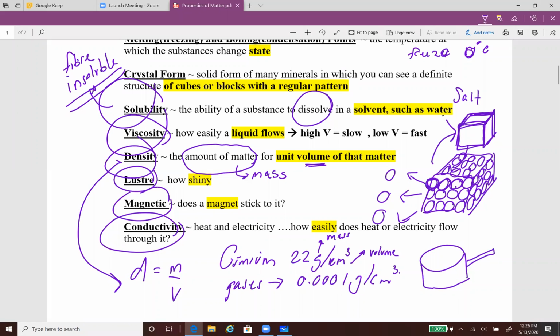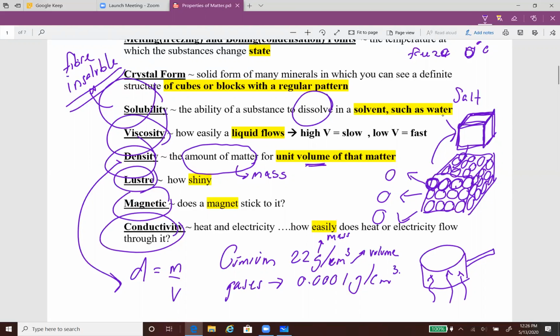Now, why metal? Because we want the heat to be able to go through the pot easily. And you'll notice that metals heat up really quickly. They also cool down really quickly because heat flows through metals very, very easily. But we also use metals for electricity. The example below was copper wiring because metals also allow electricity to flow through them very easily.